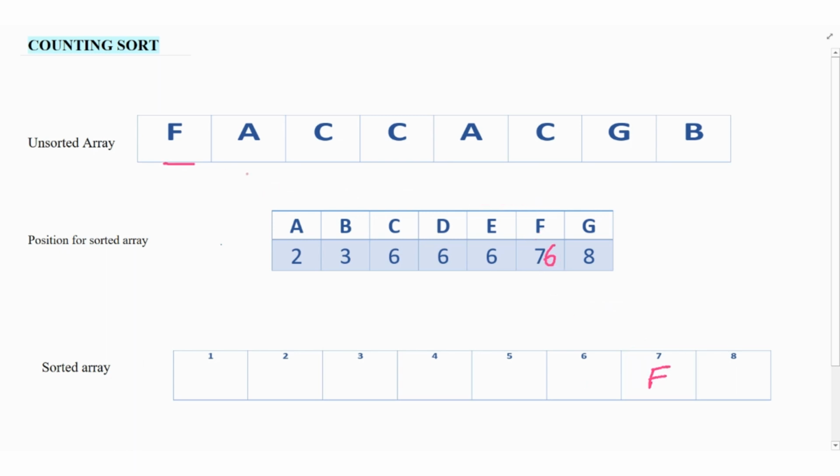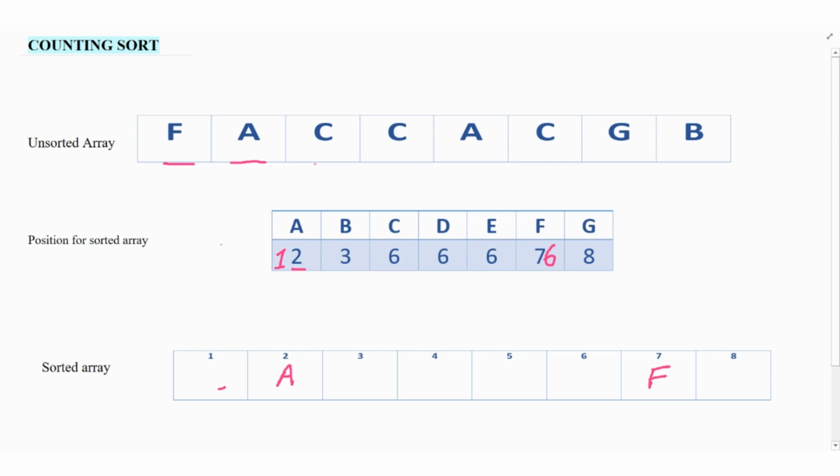Next element is A. We look for the position in the sorted array for A. The position is 2, so we place A at position 2. And we decrease 2. Now if we get any other A, we will place that A at position 1.